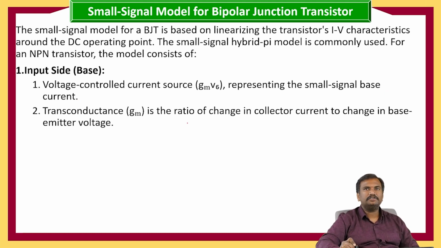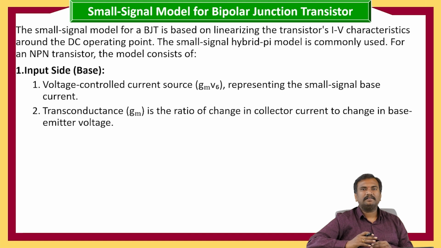Transconductance gm is the ratio of change in collector current to the change in base to emitter voltage.